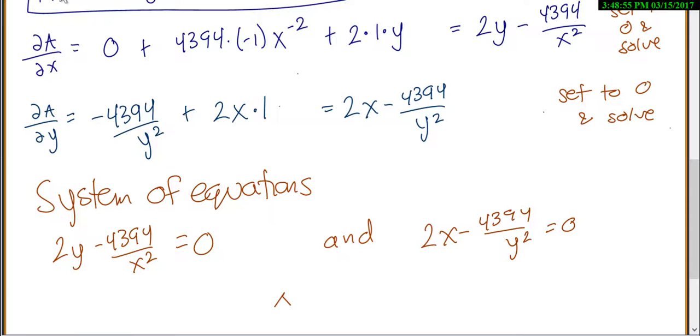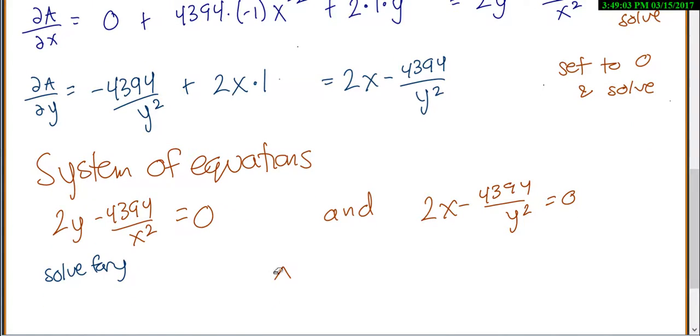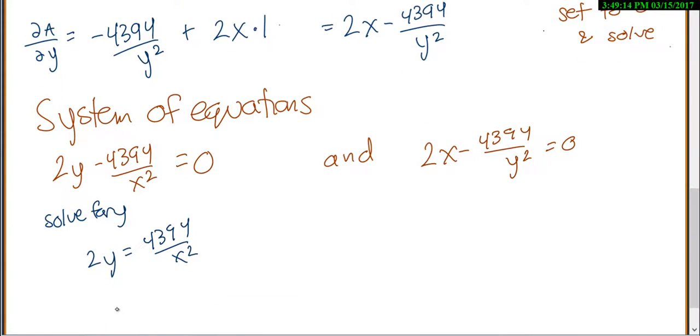So for substitution, what we'll do is we'll come here and let's solve this one for y. So we get 2y equals 4394 over x squared, or y equals, let's see, 2197 over x squared.